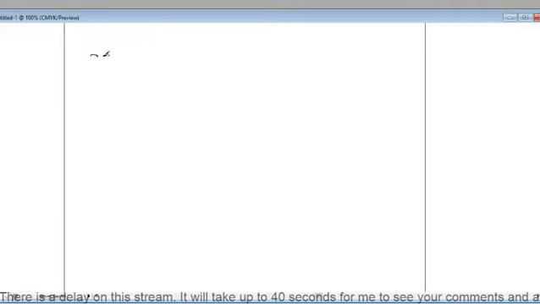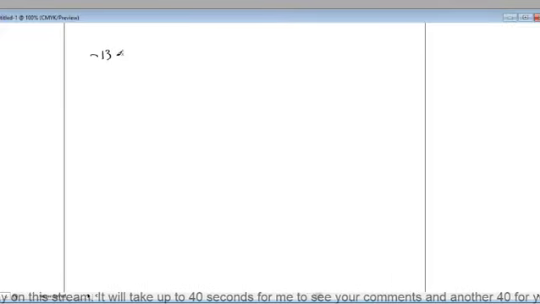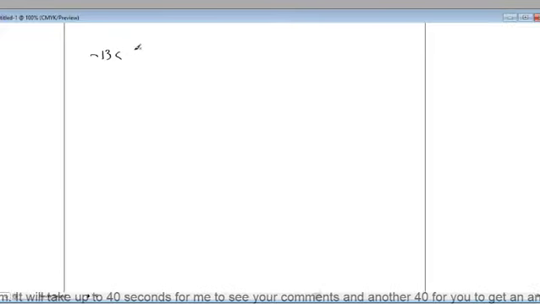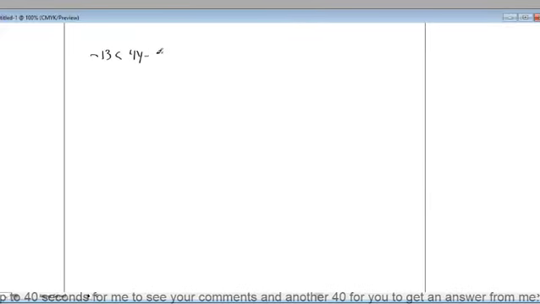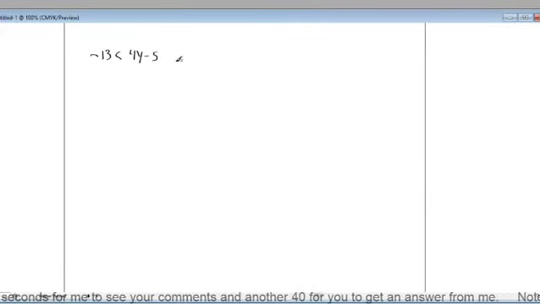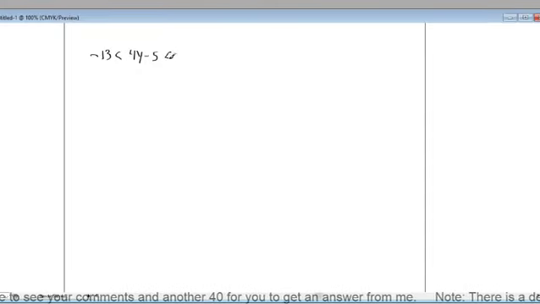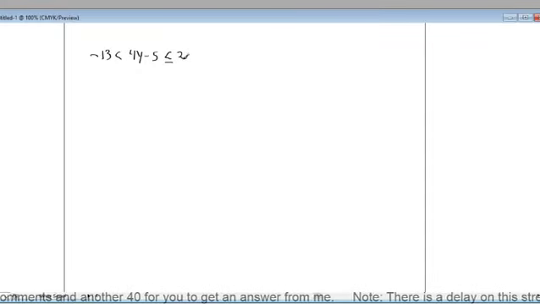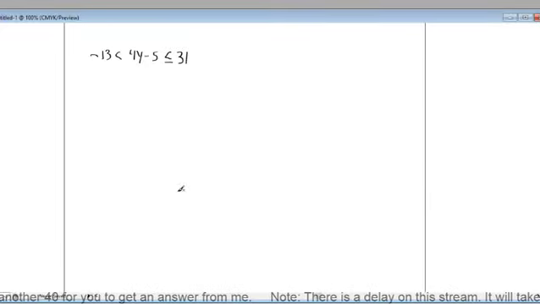negative 13 is less than 4y minus 5, and 4y minus 5 is less than or equal to 31. All right.